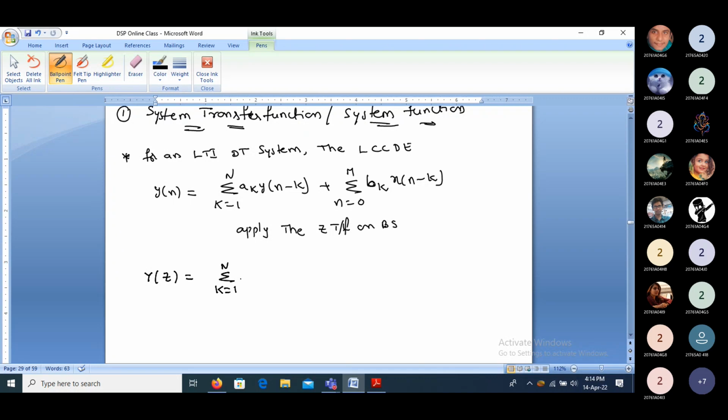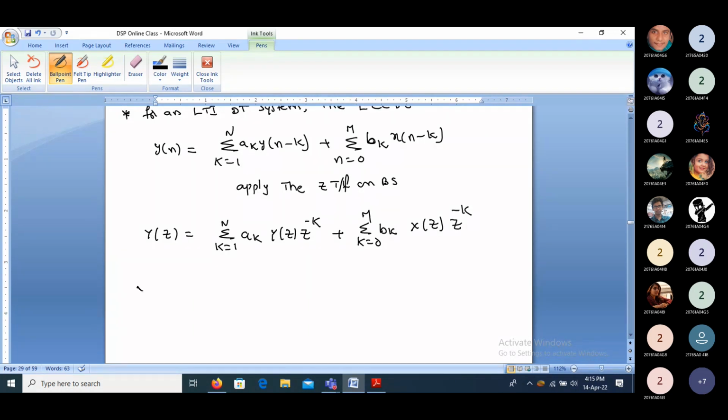So k is equal to 1 to N of ak into the Z transformation of y of n minus k, according to the time shifting property, which is equal to Y of z into z power minus k, plus summation k is equal to 0 to M of bk into X of z, same, according to the time shifting property, X of z into z power minus k.